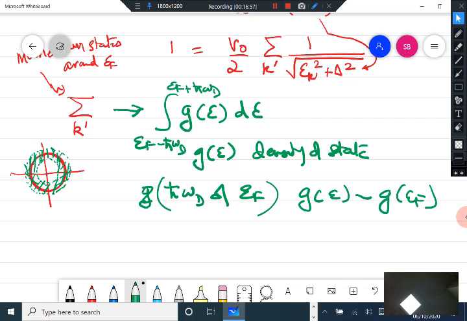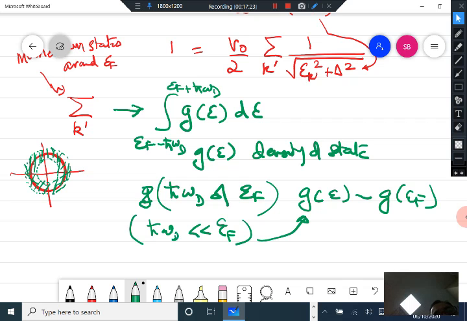You will approximate that because h cross omega d is much less than EF. Although I have exaggerated this in the diagram, it's not such a thick band, it is a very thin region. So you will approximate the density of states as g of EF.